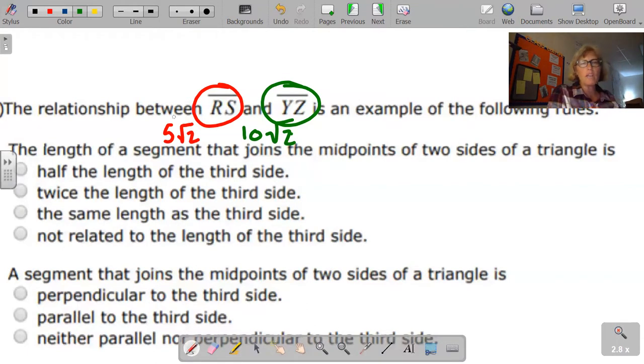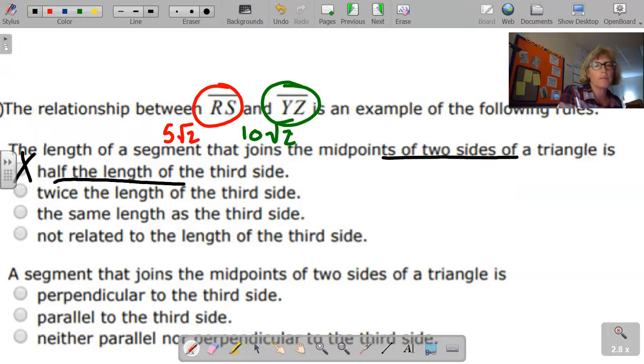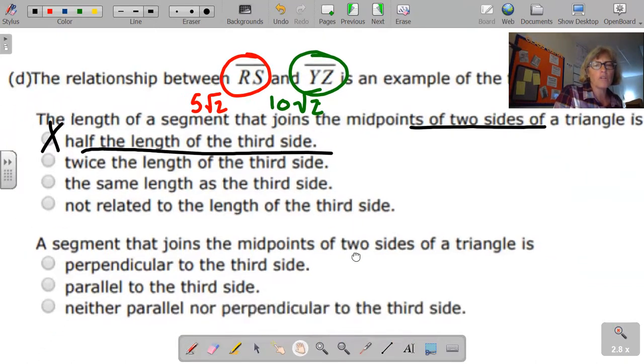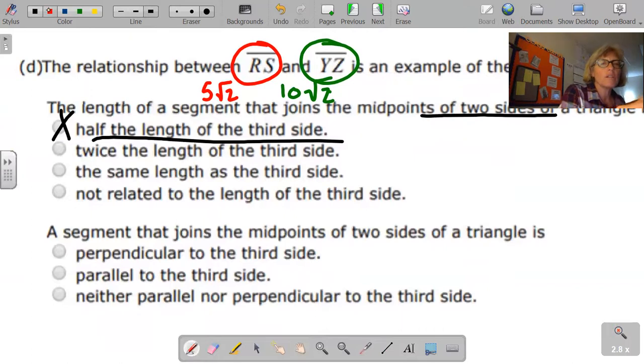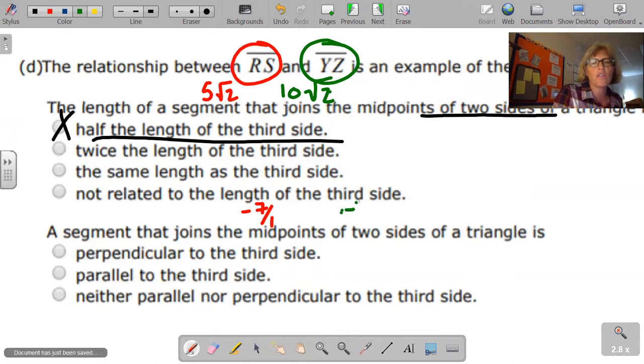So comparing the shorter to the longer, we know that the segment that joins the midpoint of the two sides is half the length of the third side. Down here, the slope was -7/1, and the other was -7/1, which means if the slopes are equal, it is parallel.